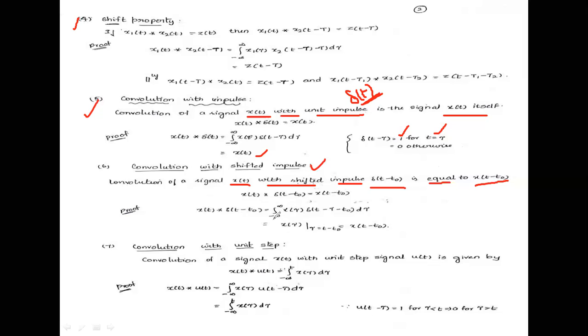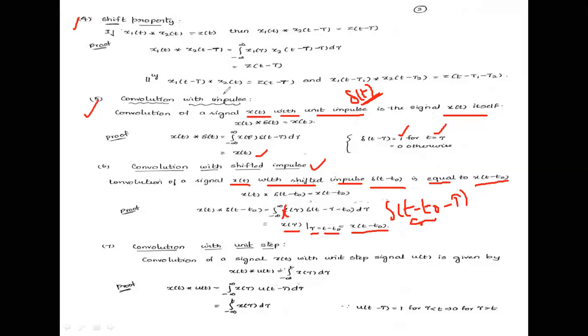The definition is the integral from minus infinity to infinity of x of tau delta of t minus t naught minus tau. So the output is x of t minus t naught.